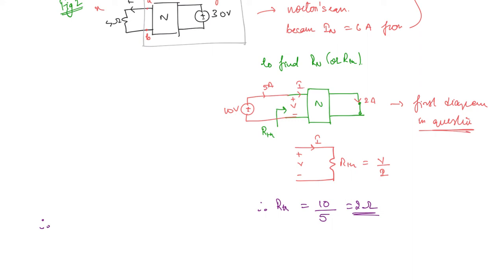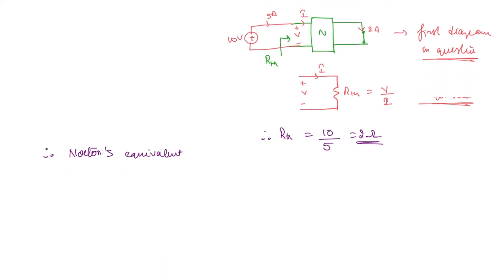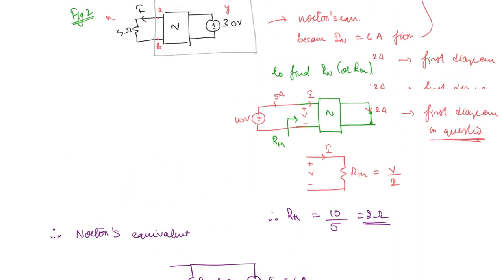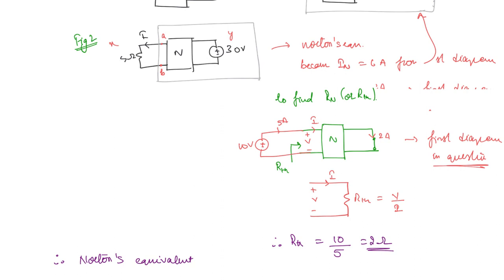So the final Norton's equivalent: the resistance RN is equal to 2 ohms, the current source IN is equal to 6 amperes, and the load resistance value here is 4 ohms.